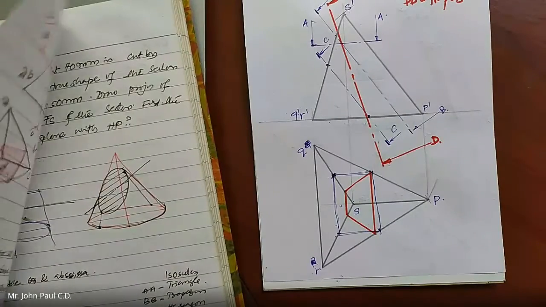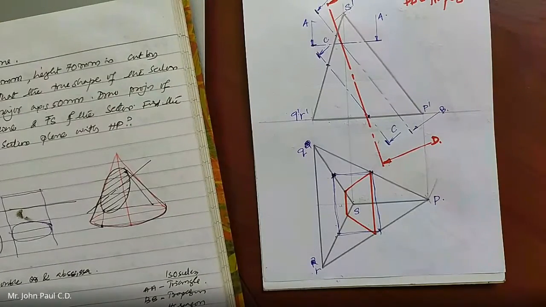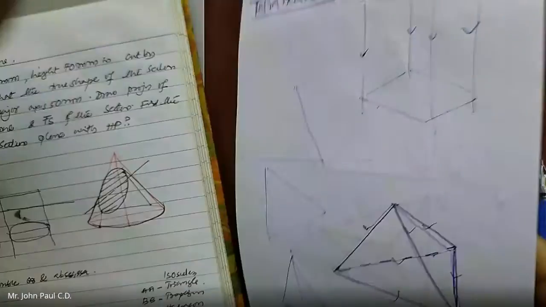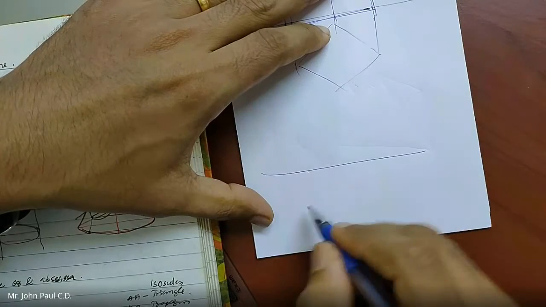Thank you, sir. Okay. So how could this be? You can easily draw a tetrahedron.